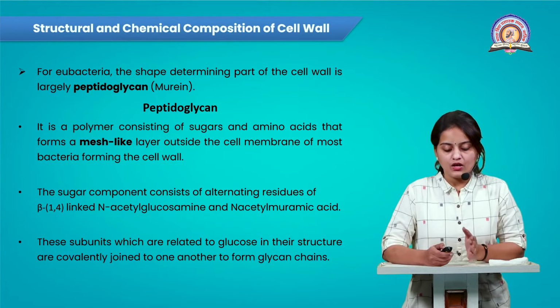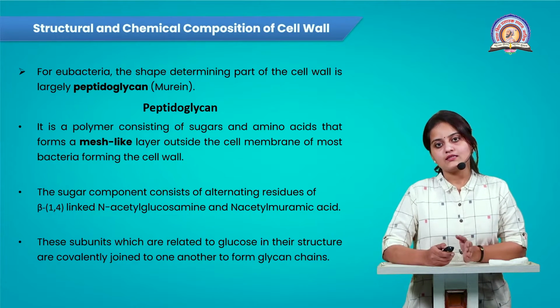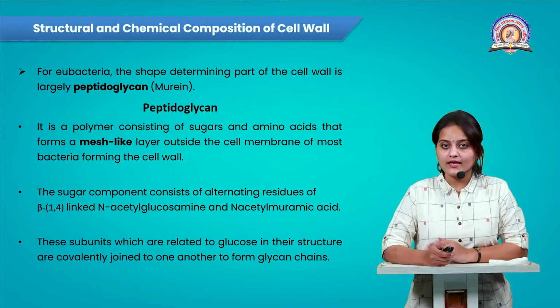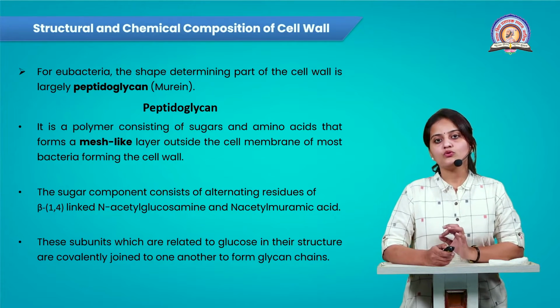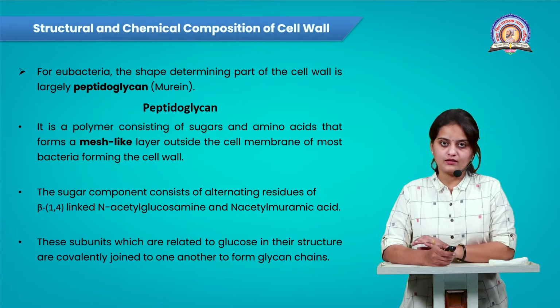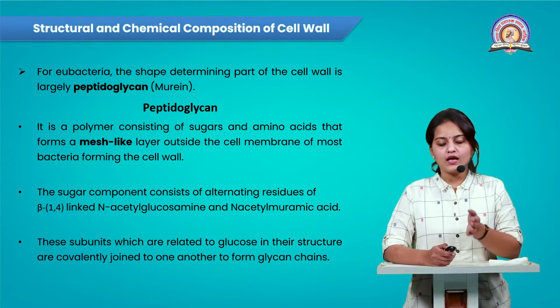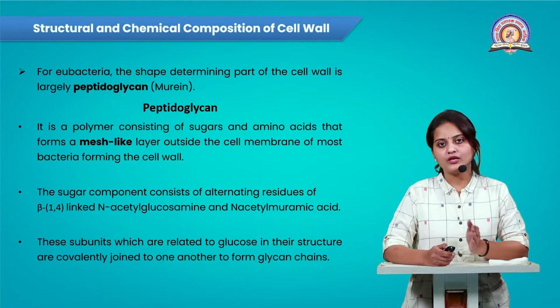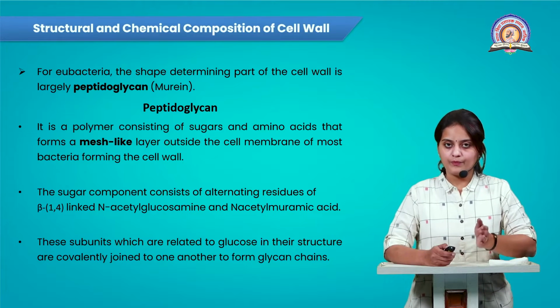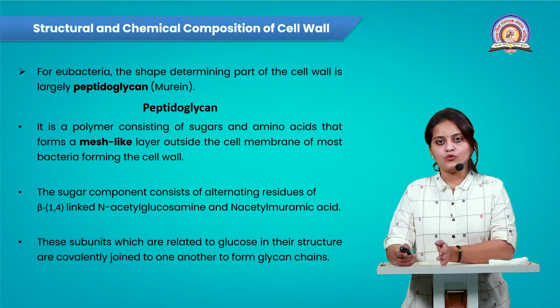So simply, for bacteria, the cell wall is composed of peptidoglycan, which is also known as murein. As per the name, peptidoglycan contains peptide as well as carbohydrate molecules.